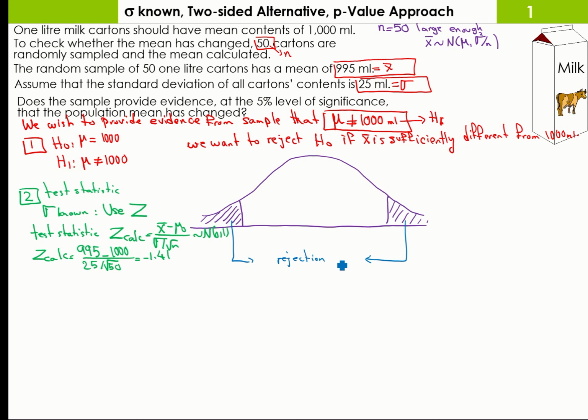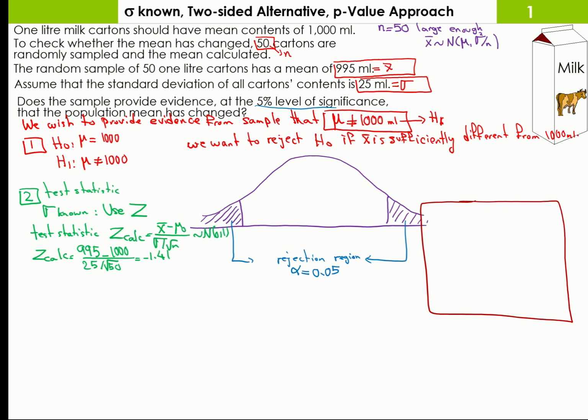Okay, now in order to see whether the z calculated is in this rejection region, we have to find the probability related to z calculated. We have to calculate the p-value. Before doing that, let's see what the area of the rejection region is. Actually, it is the level of significance alpha 0.05, right? And in the p-value approach, actually we follow this rule.